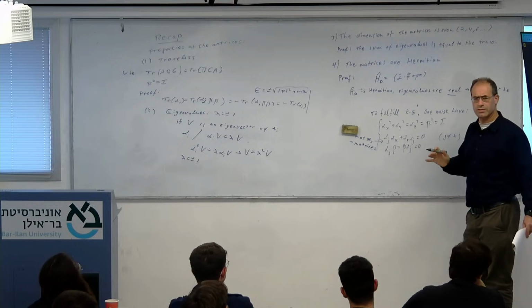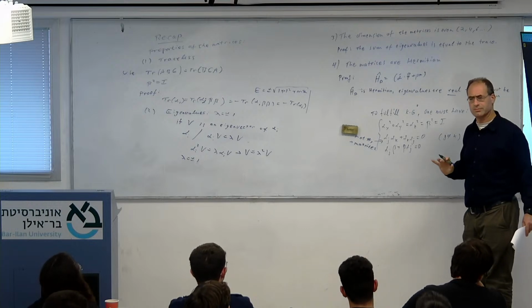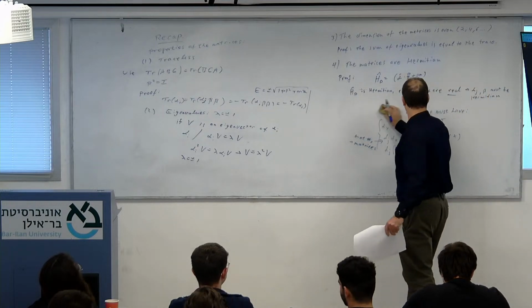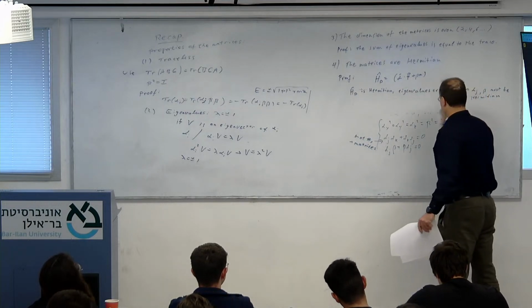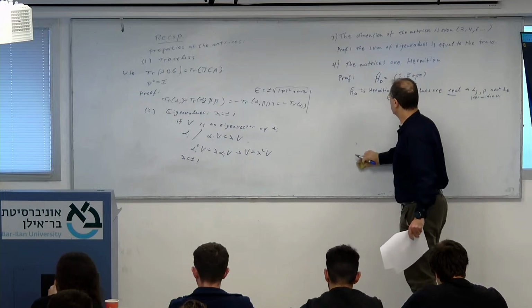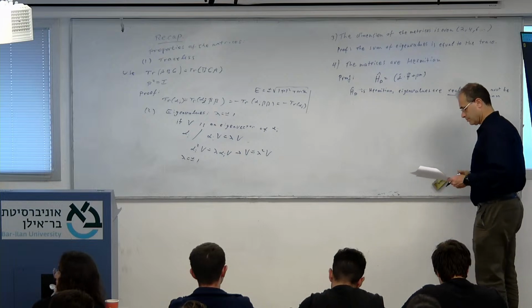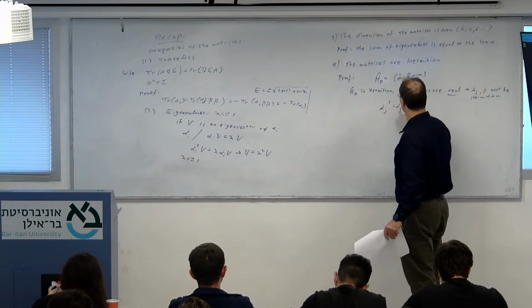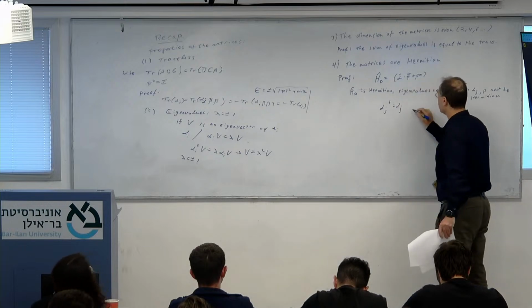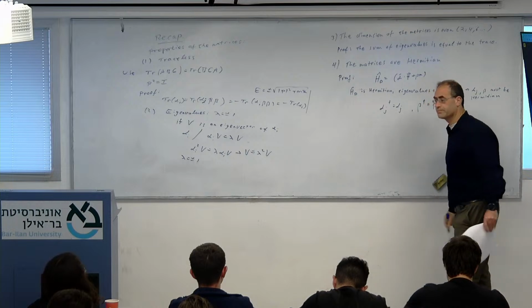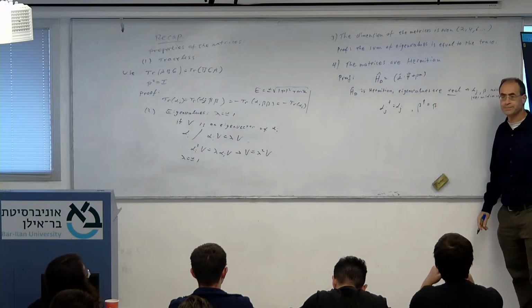Everybody is good with Hermitian matrices, operators? Just to make sure. So alpha j dagger is equal to alpha j, and beta dagger is equal to beta. Yeah?